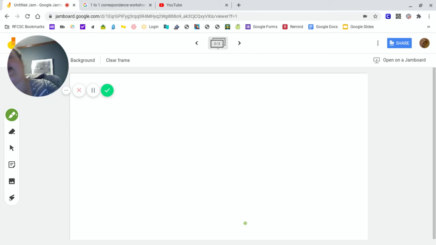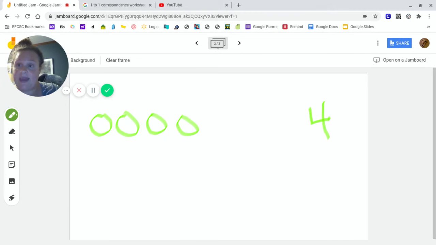So let's say I have 4 circles, and I need a number to match up to that. So I would write the number 4. Let's say I have the word 10.